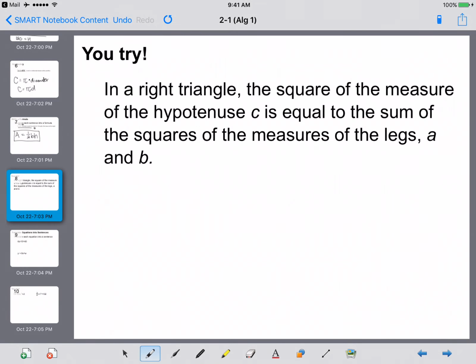You try. So here it says in a right triangle, the square of the measure of the hypotenuse C is equal to the sum of the squares of the measures of the legs A and B. So in a right triangle doesn't matter to us.